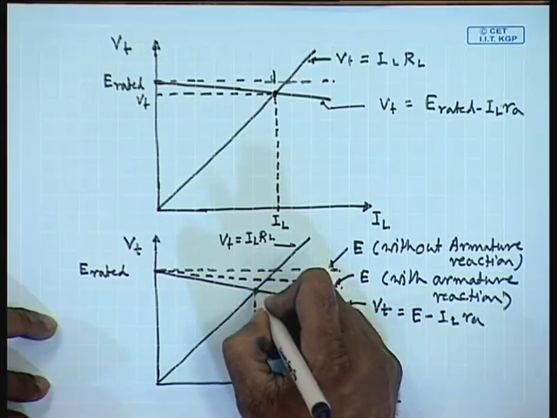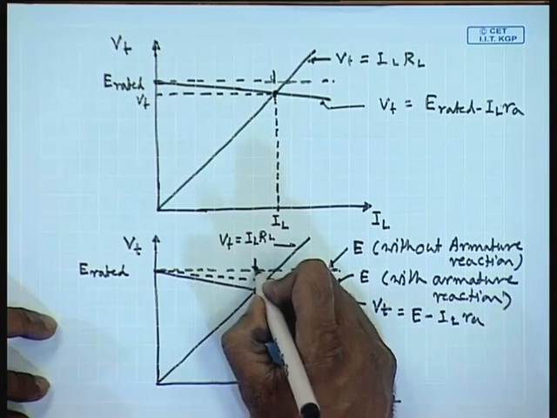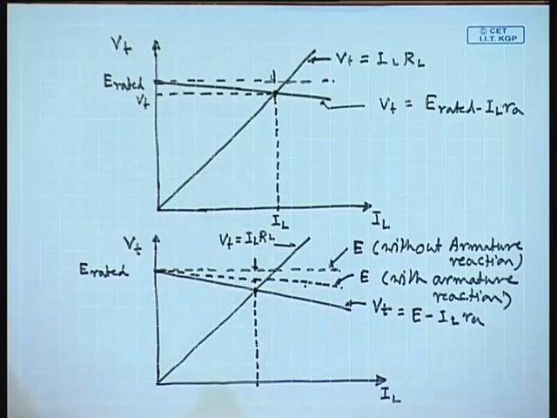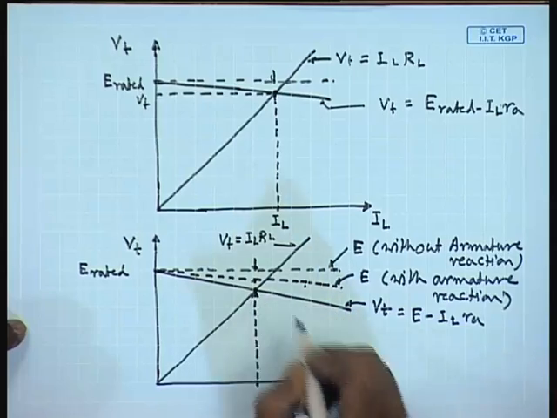There are two drops, as we can see. The first one is due to armature reaction and the second one is due to the armature resistance.